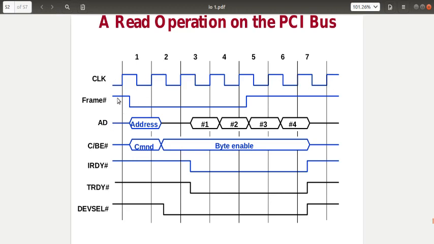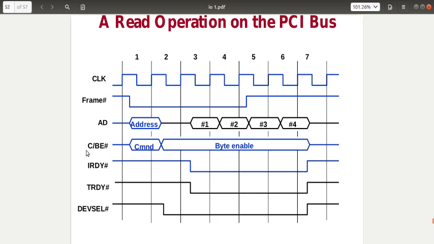The FRAME signal will initially go down, it will be 0 for a certain amount of time. On the AD line, initially the address will come, and after approximately one clock cycle, the data will come.